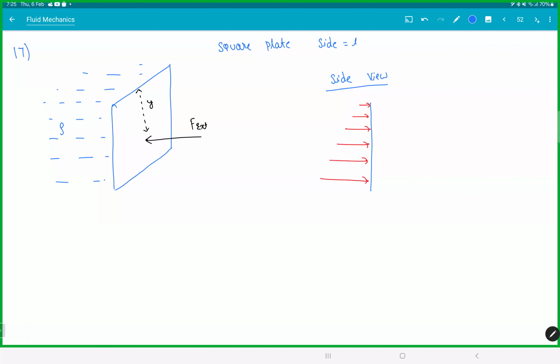Getting it? So a square plate is blocking water. It blocks the liquid as shown.